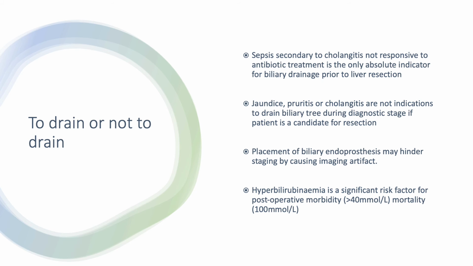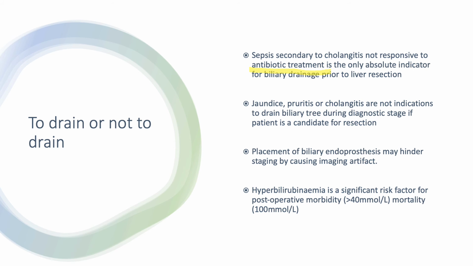Essentially, sepsis secondary to cholangitis, not responsive to antibiotic treatment, is the only absolute indicator for biliary drainage prior to liver resection. Jaundice, pruritus, or cholangitis alone are not indicators to drain the biliary tree, especially prior to completion of the staging.